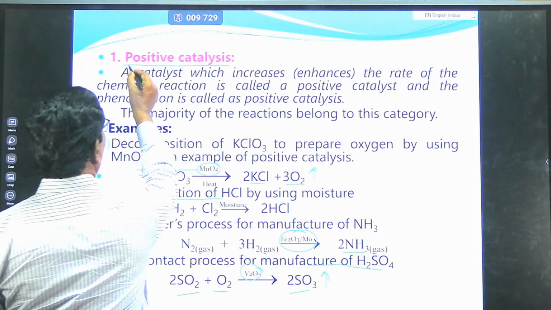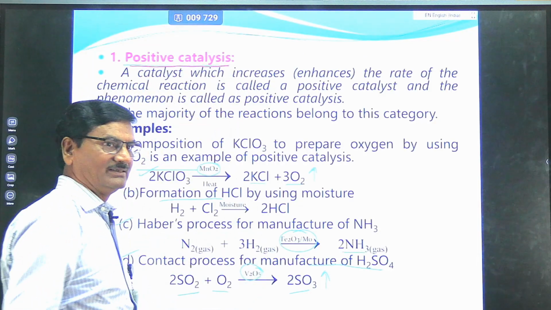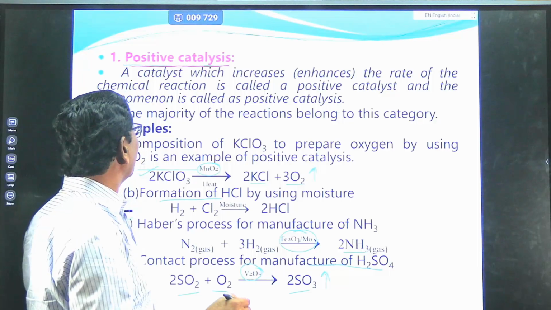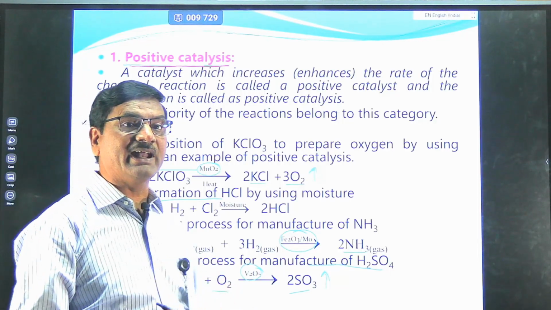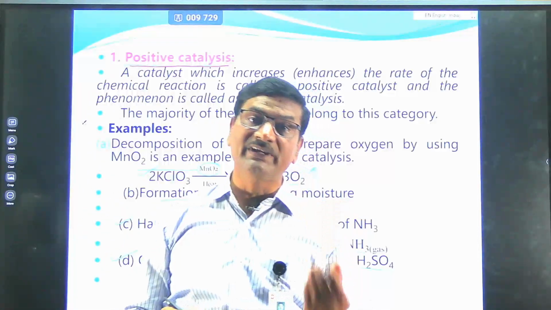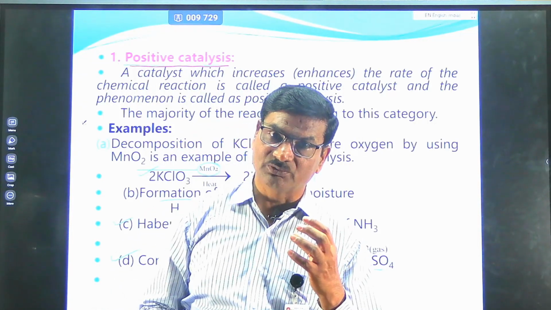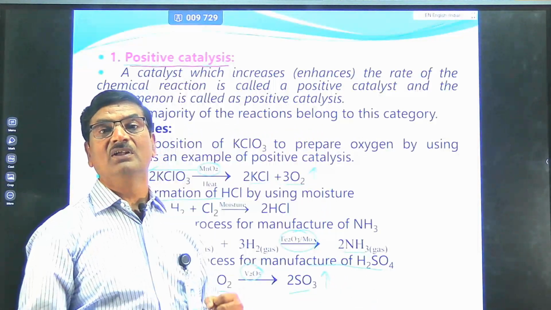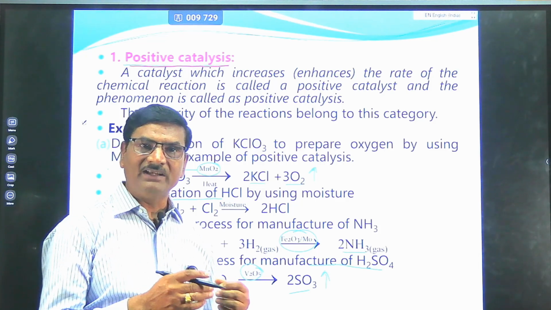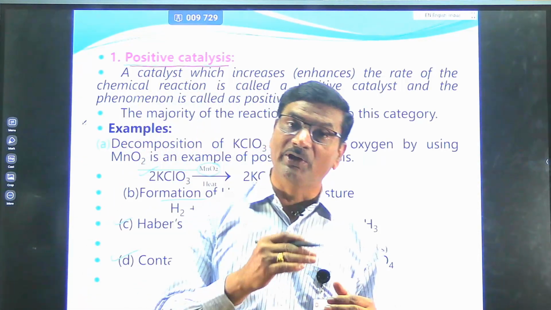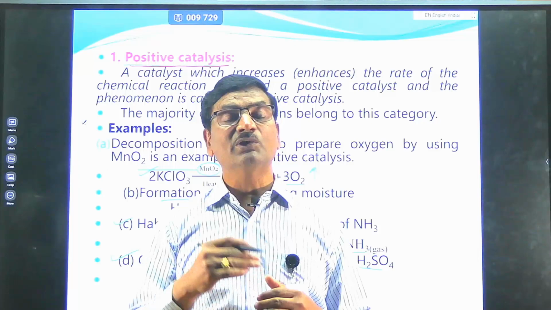First, what is meant by a positive catalyst? A positive catalyst is a substance in whose presence the rate of reaction increases or is enhanced. That substance is called a positive catalyst, and the phenomenon is known as positive catalysis.